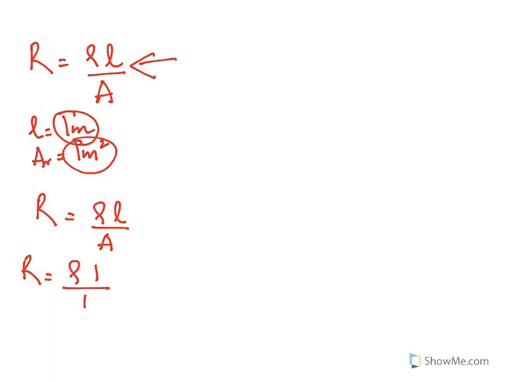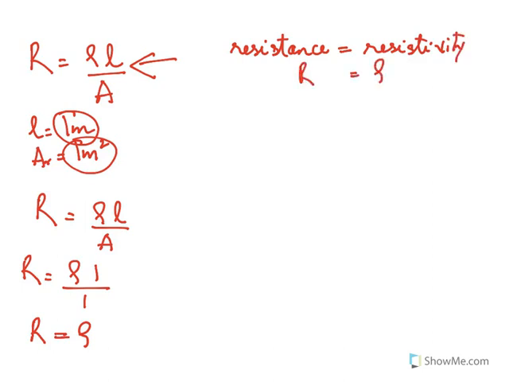So in this case, length is 1, area of cross section is 1, so R becomes rho. Your resistance now becomes equal to resistivity. When did R become equal to rho? If you take length 1 meter and area of cross section 1 meter square. Let us draw this.